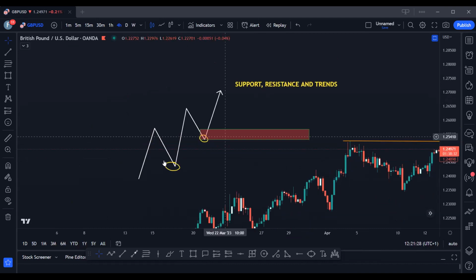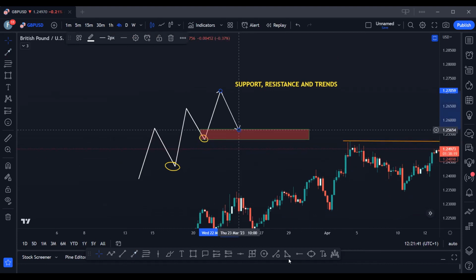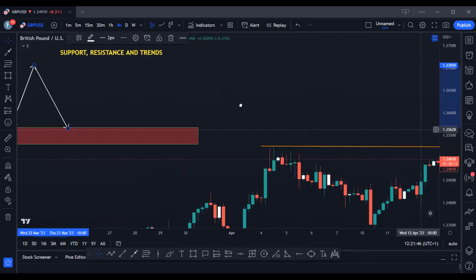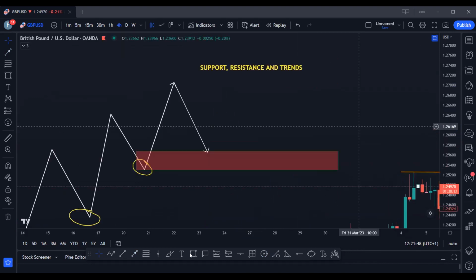If this is the market structure you have, you want to wait for price to retrace, to correct into an area of support. Once price gets to that area of support, you look for entries inside that support.